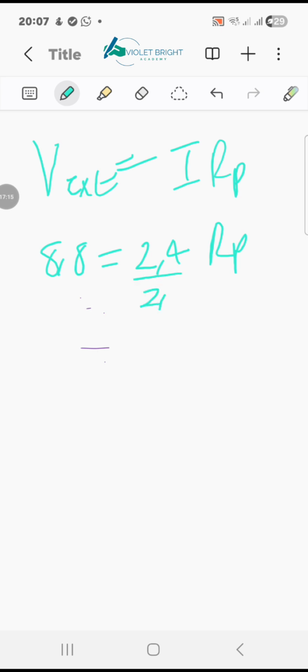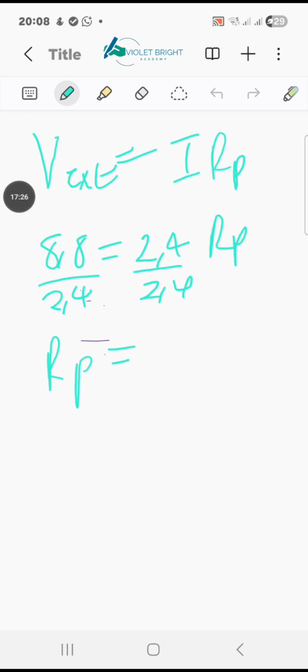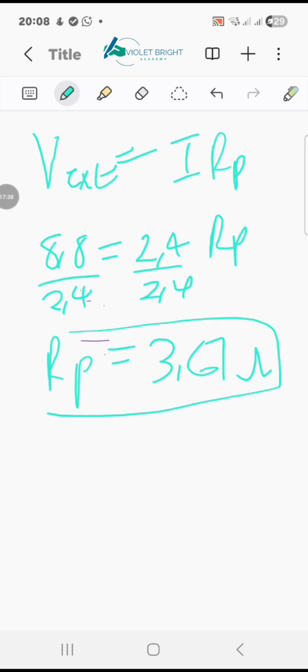So we have to divide both sides, which will give us the answer, 3.67 ohms, which is the total R parallel. So now we have found the total R parallel.